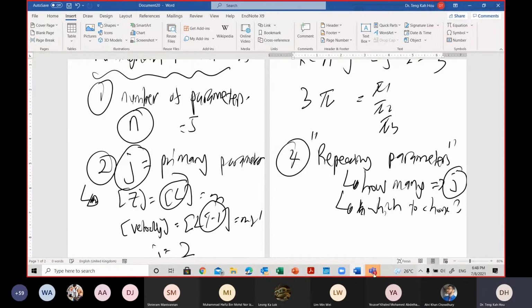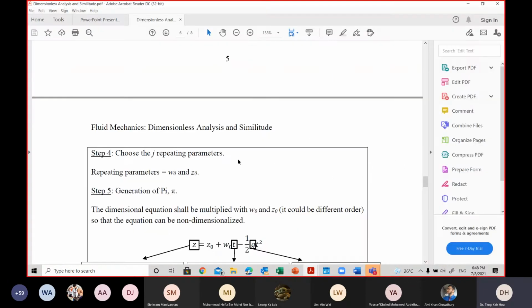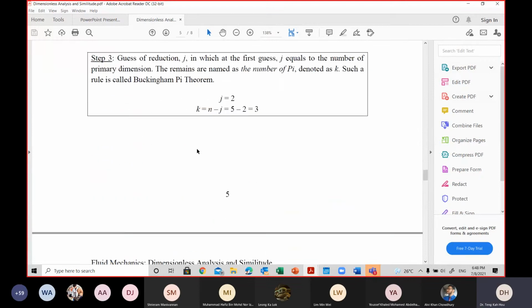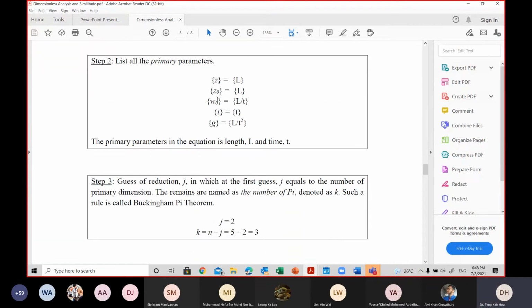Right? So in this case, as I mentioned, if you recall, we got Z, ZO, WO, T, and G. When we're talking about selecting the repeating parameters, one thing to highlight here, which I forgot to tell you last class, is obviously Z and ZO is repeating, am I right?